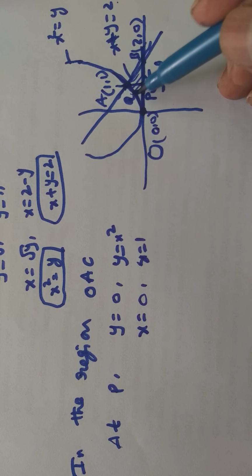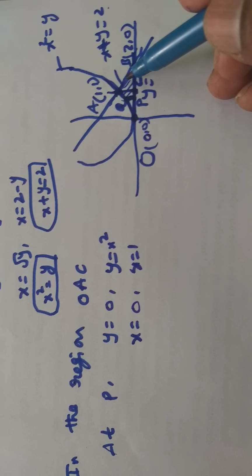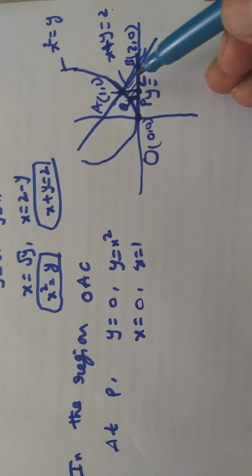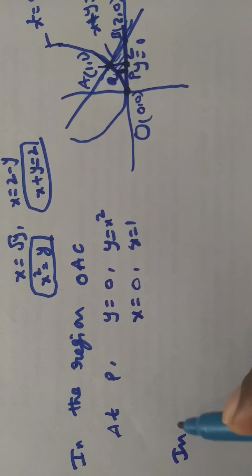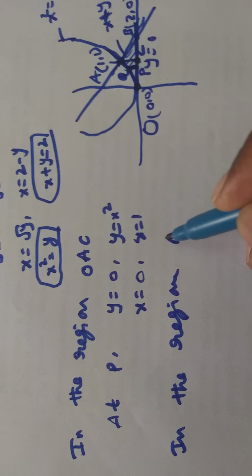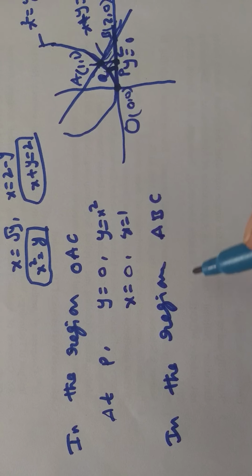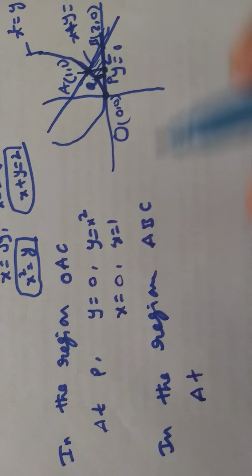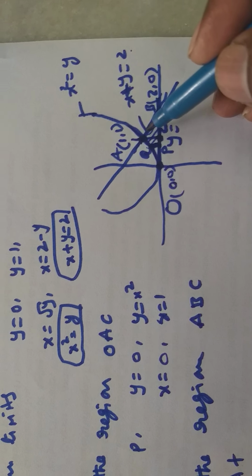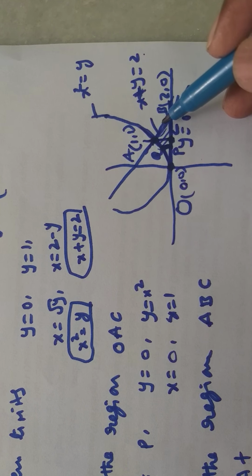So this is one part, and the other part of the region is ABC. In the region ABC, again draw a strip parallel to the y-axis because the y limits are constant in the given problem.